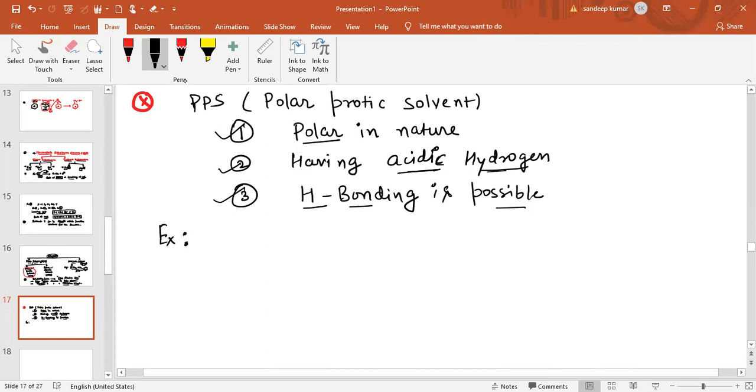Now see the examples of polar protic solvent. What are the examples? This is very easy.